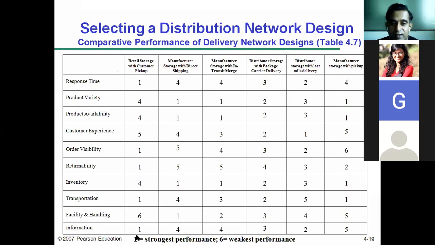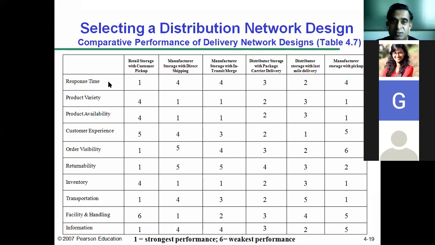You can see here at the bottom of the PowerPoint slide, 1 means strongest performance, meaning the response time will be lowest or delivery will be fastest. 6 means weakest performance, meaning response time will be slower, like online channels. So if it is the response time, retail storage with customer pickup scores number 1 or performs highest.